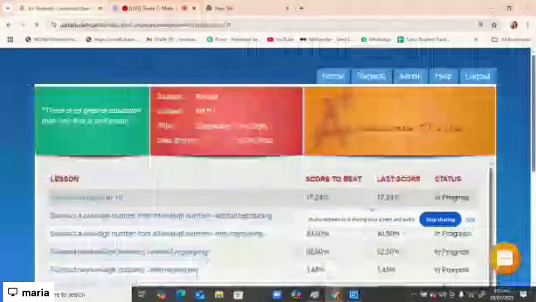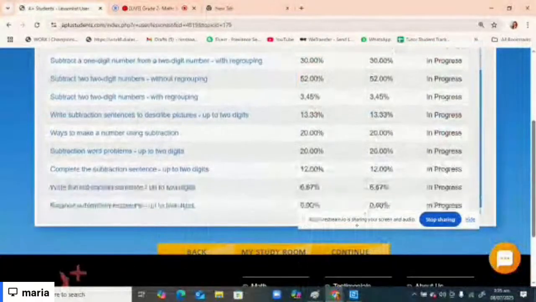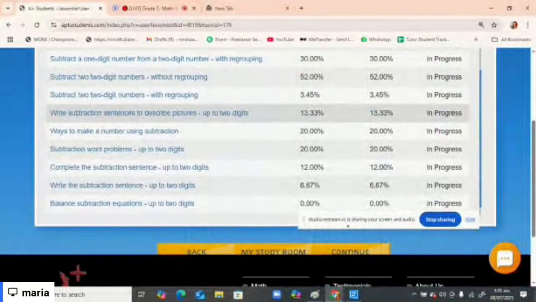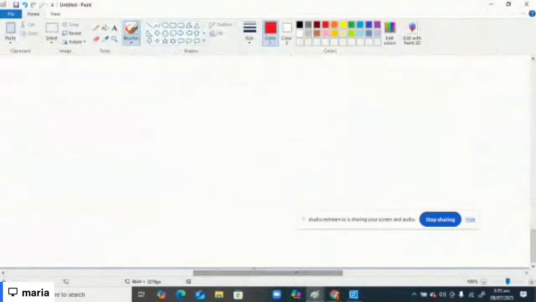I'm going to share the screen again, okay? So write a subtraction sentence based upon the pictures, up to 2 digits, okay? I'm going to draw it here, then you guys tell me one by one.